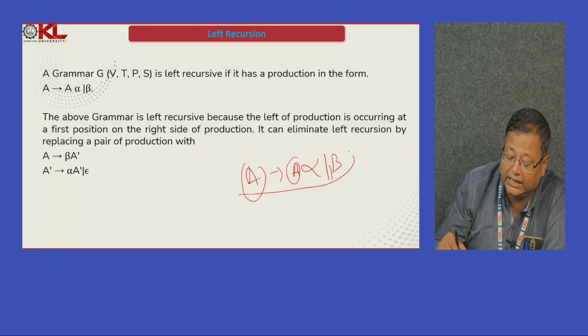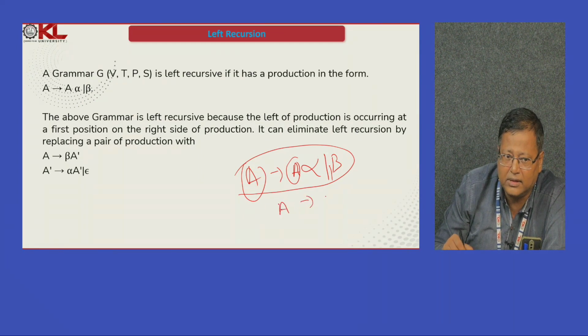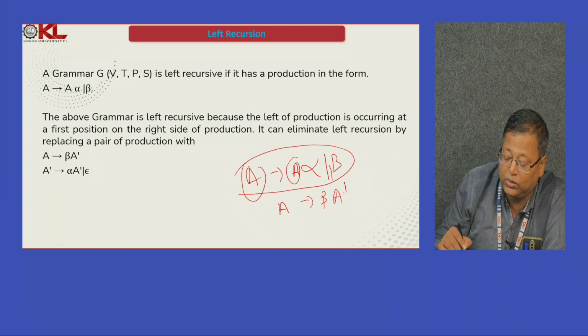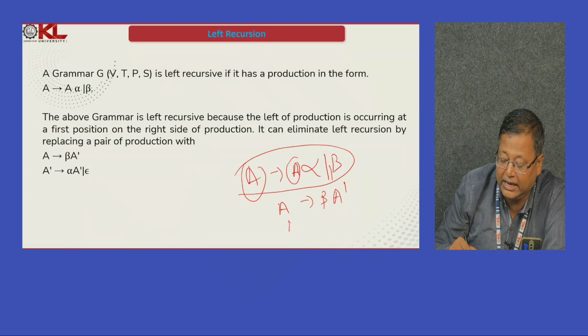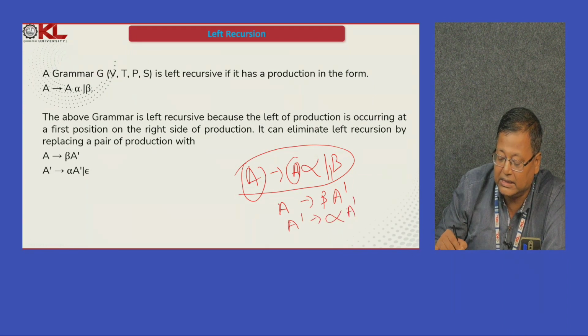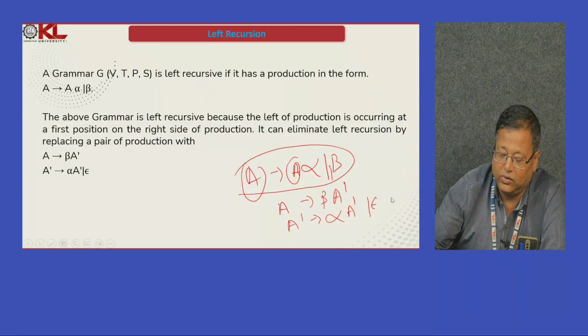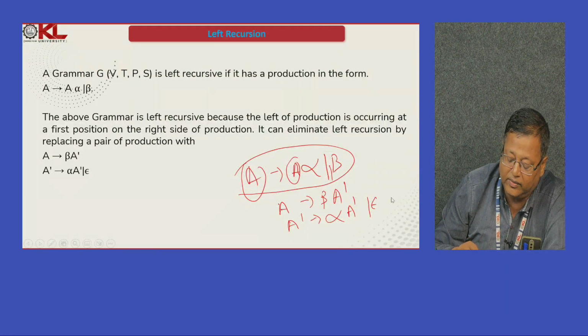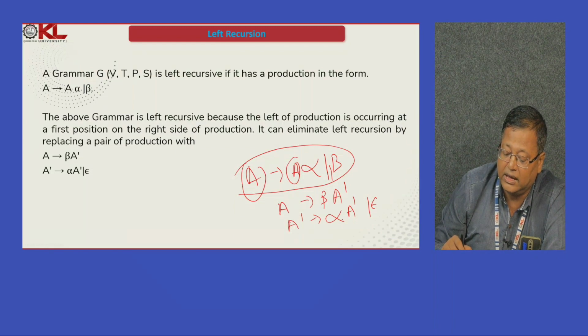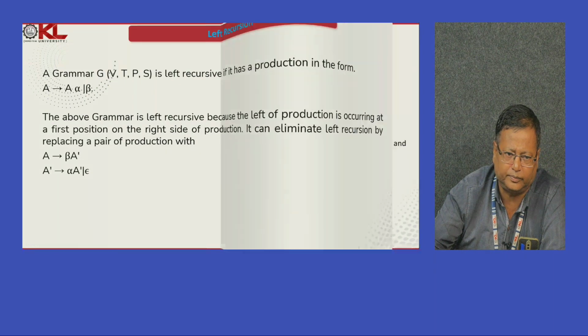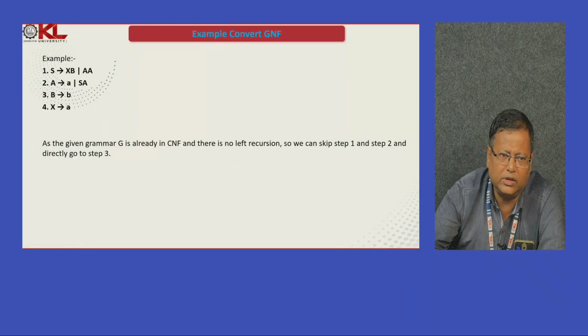If the production is like that, simply you replace: A derives beta A dash, you add a new non-terminal symbol A dash, and A dash derives alpha A dash or epsilon. Simply you create a non-terminal symbol and add that non-terminal symbol at the end and add an epsilon. So this is the example.